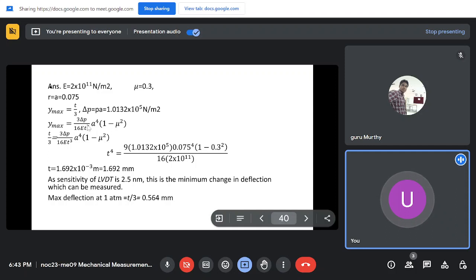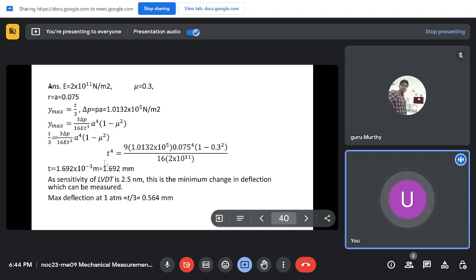We have to substitute. Y max is T by 3, equal to delta P into 16 E T cube, A to the power 4, over 1 minus mu square. So we multiply by 3, and take the T cube to the left hand side and 3 to the right hand side.